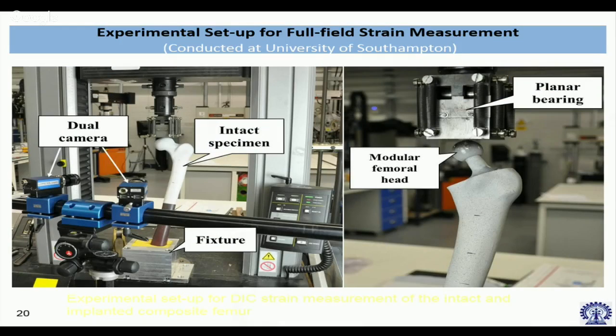So we tested this natural femur and the implanted femur, and this is basically the output of the work of Dr. Shobtik Chandra, who was awarded his PhD just last week.